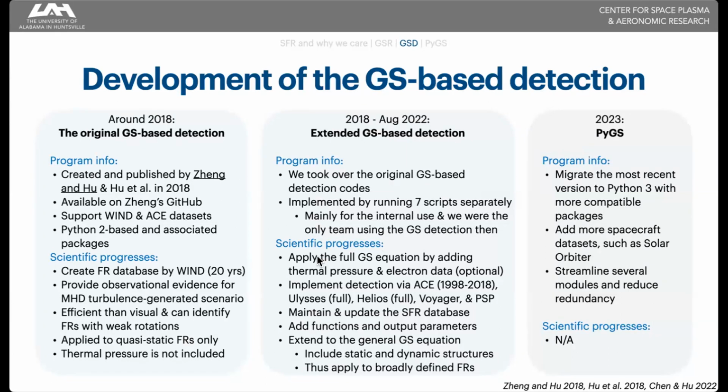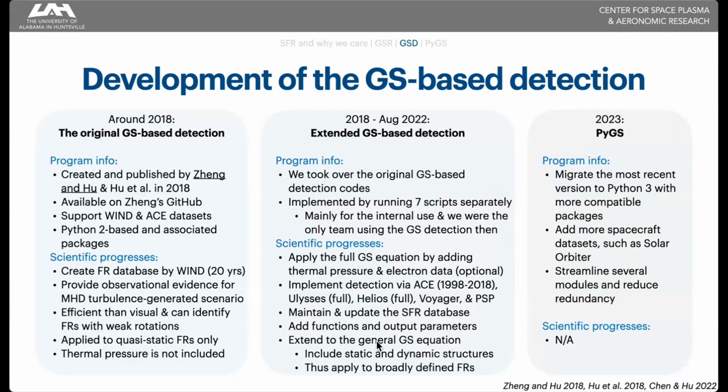During these years, we also made our own developments. First, we applied the full GS equation by adding thermal pressure and made the electron data optional. We implemented this detection on different spacecraft data sets, including 2 full missions. In the meanwhile, we added several functions and output parameters.